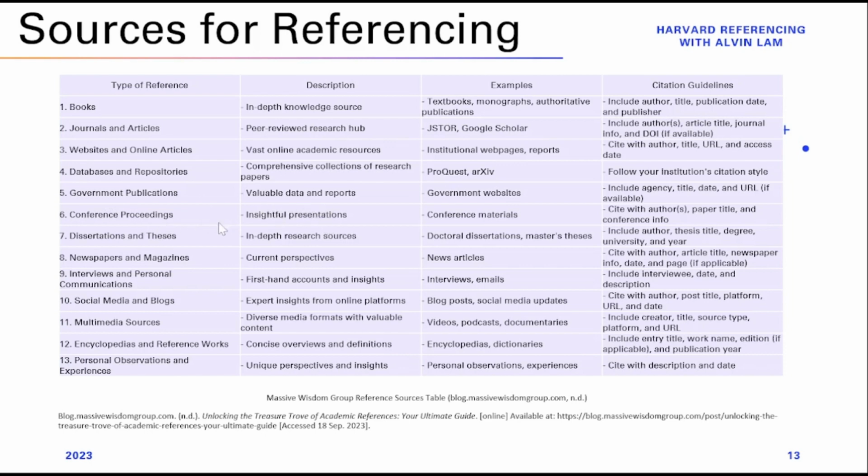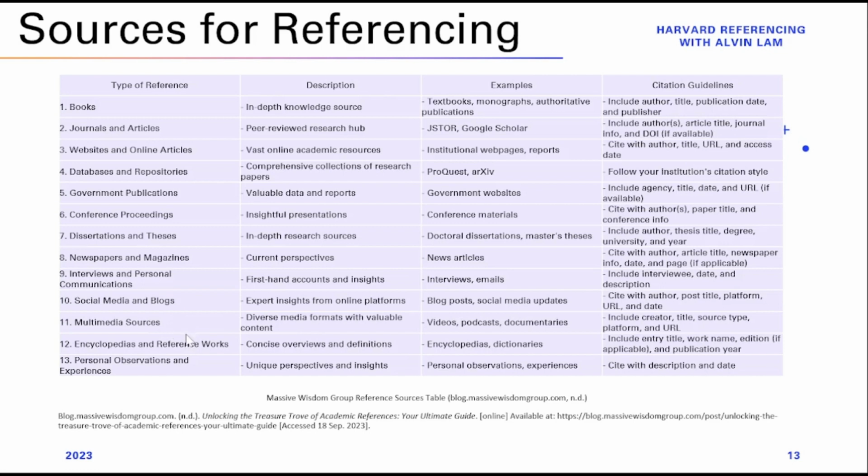Conference proceedings, dissertations and theses, newspapers and magazines. All right, for newspapers and magazines, you will cite the author, the article title, newspaper info, date, and page if you can be more specific, right? And then interviews and personal communications are also possible. Social media and blog posts, especially those that are from credible sources.